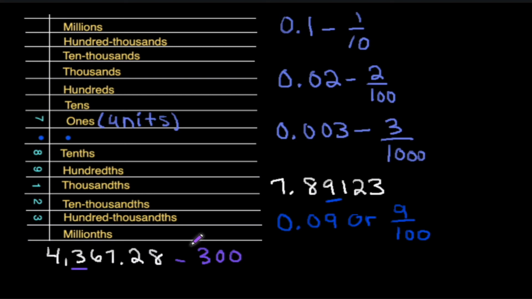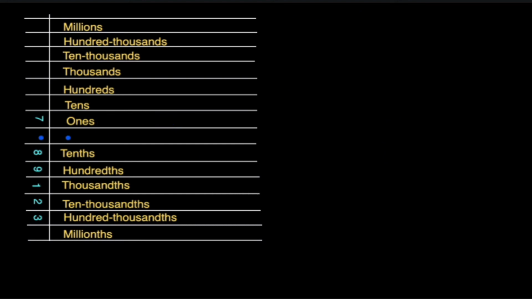Okay? So let's go over an example as far as why a decimal is a fraction expressed in a different form. Okay? All right, so let's take, for example, the decimal 0.352.